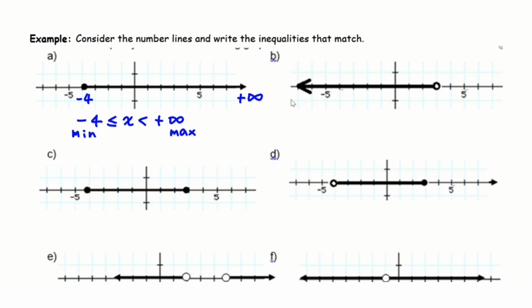So this one, minimum is negative infinity, maximum is 3. Then the x is between the minimum and maximum, less than. Open dot, no equal sign. Then the next one is between -4 and +3.